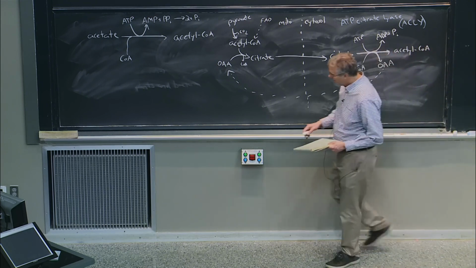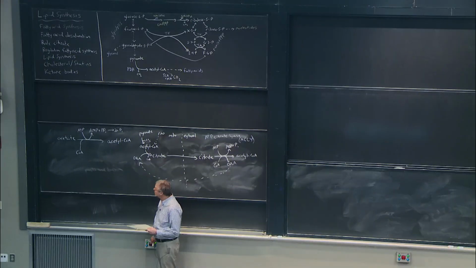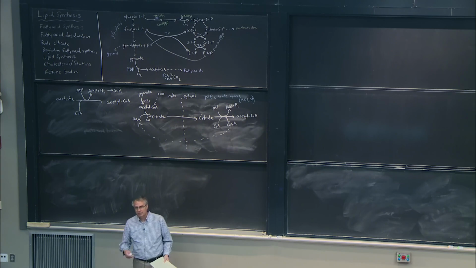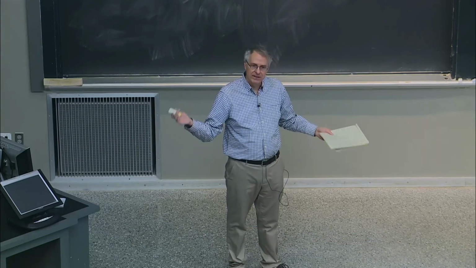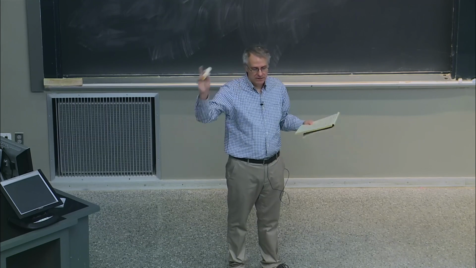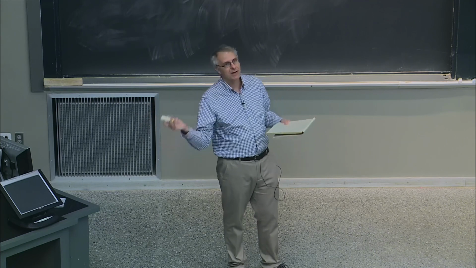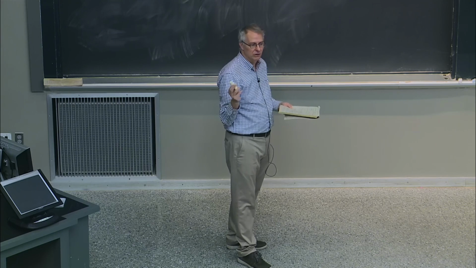And so when do you want to produce fatty acids? Well, you want to produce fatty acids when you have a lot of ATP. And so if you have a lot of ATP, this is a situation where the TCA cycle isn't going to want to run. And so that favors citrate export from the TCA cycle into the cytosol.